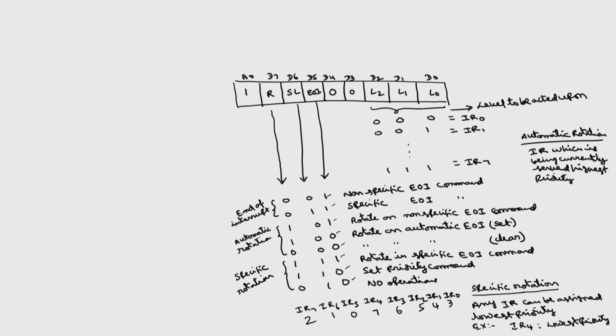Similarly, the order of priority will be, for example, if IR 7 is currently served, the next one will have highest priority 0, then the next 1, 2, 3, then 4, 5, 6, 7. This is the difference between automatic rotation and specific rotation.